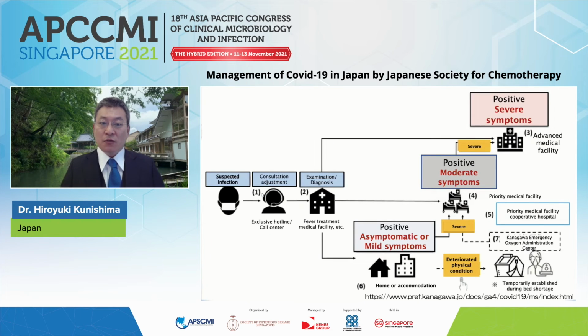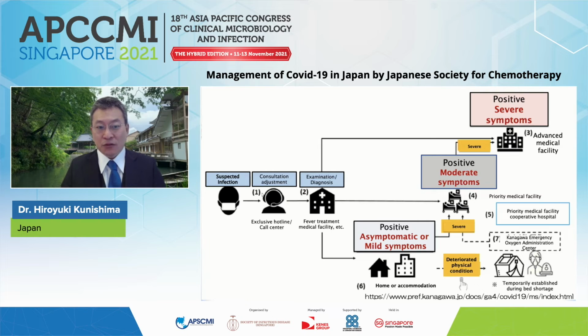This is a flowchart of Kanagawa Prefecture. Regional cooperation is important for effective medical care under limited conditions. Upon diagnosis with COVID-19, patients with mild symptoms are admitted to home or accommodation treatment, patients with moderate symptoms are admitted to priority medical facilities, and severe cases are admitted to advanced medical facilities.